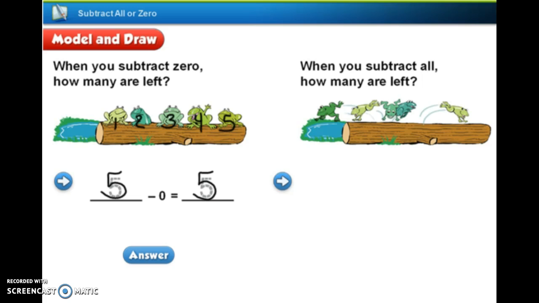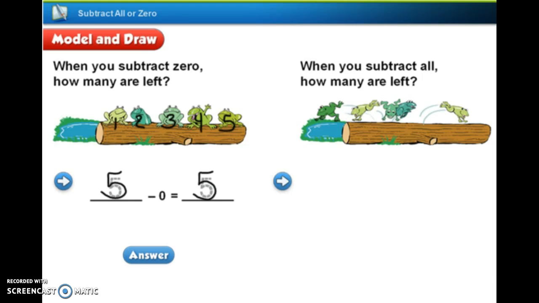Excellent. Let's find out what happens when you subtract all. How many are left? Let's look at our log. How many frogs do you see in the picture? Let's count them. 1, 2, 3, 4, 5.